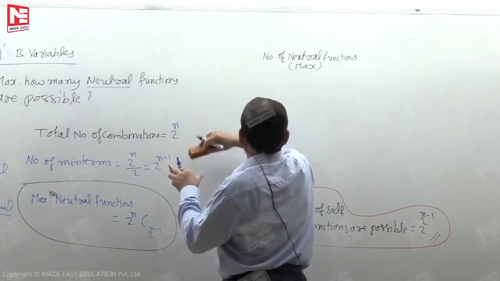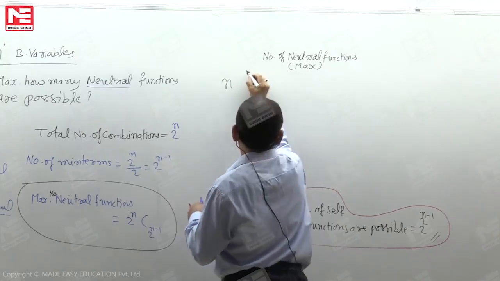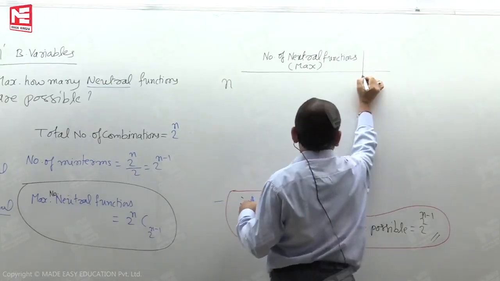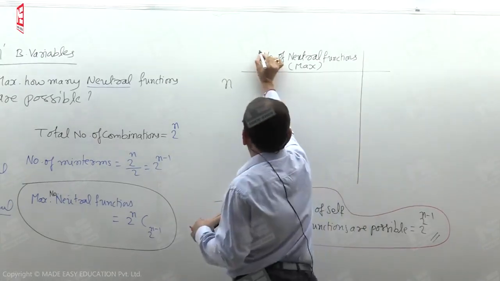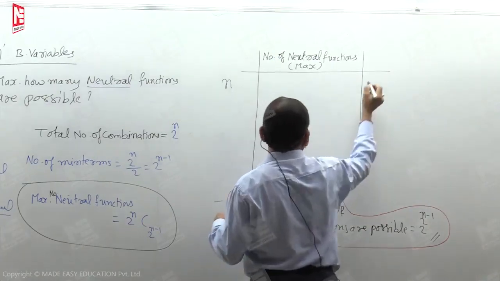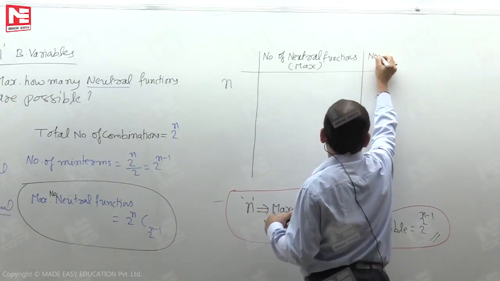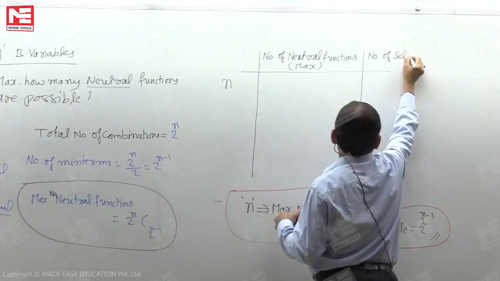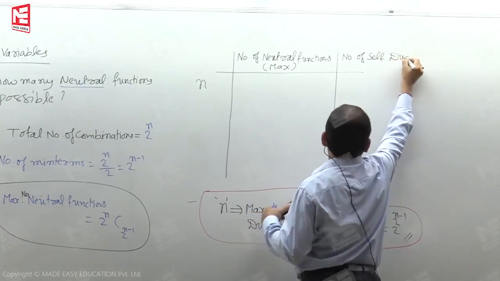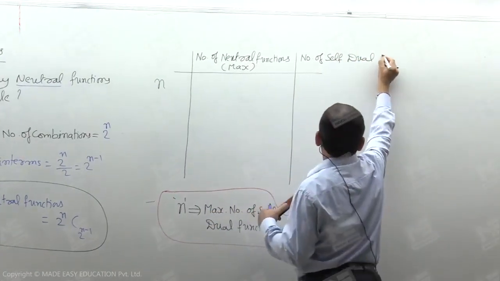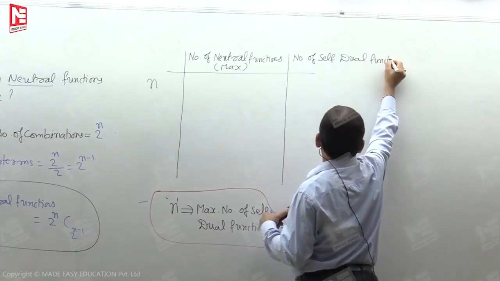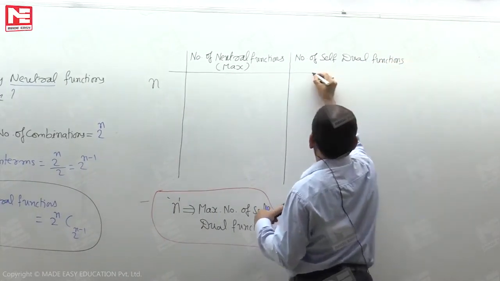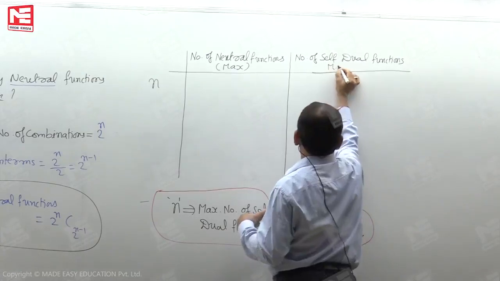We are targeting the maximum number of neutral functions, how many are possible? And similarly, the number of self-dual functions, of course, for maximum.